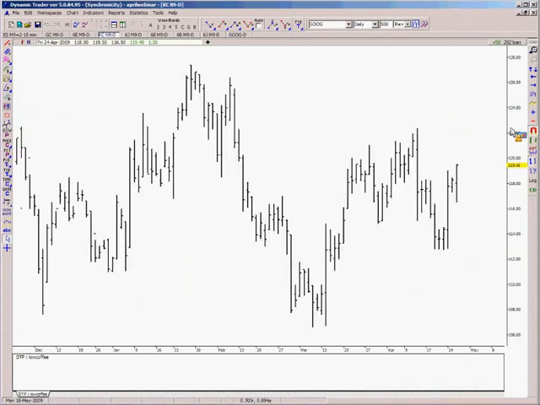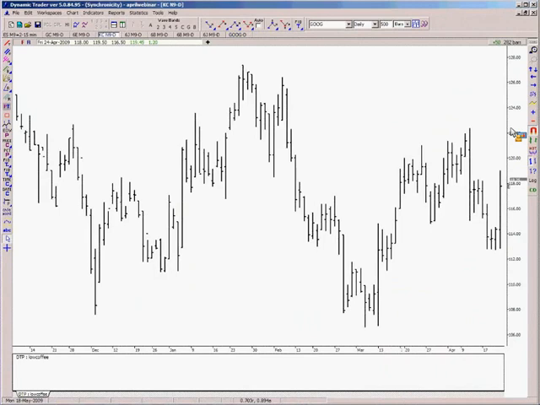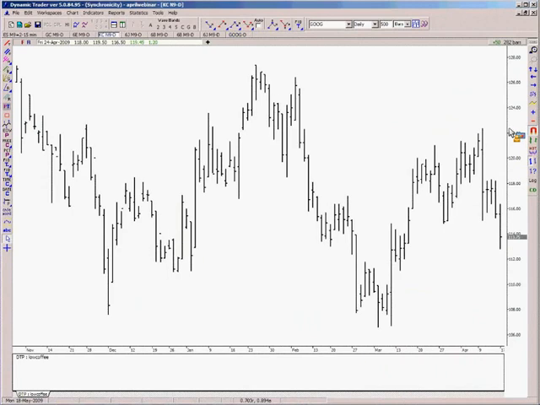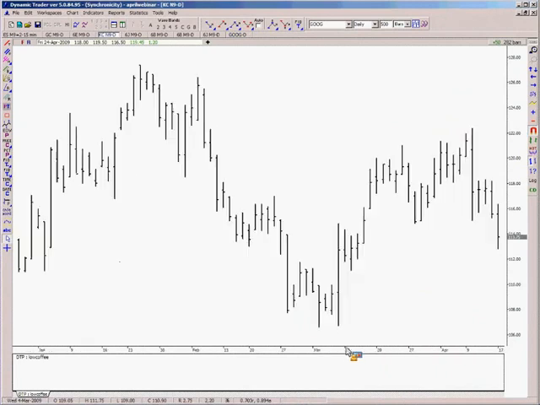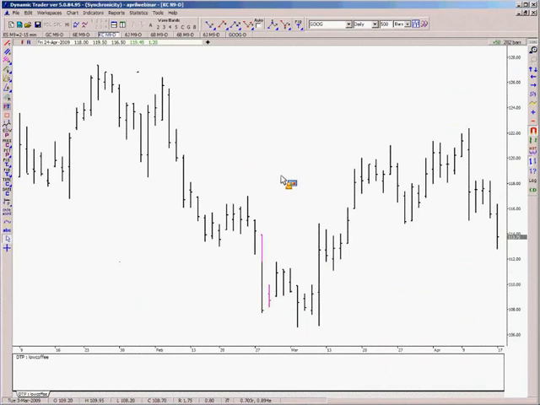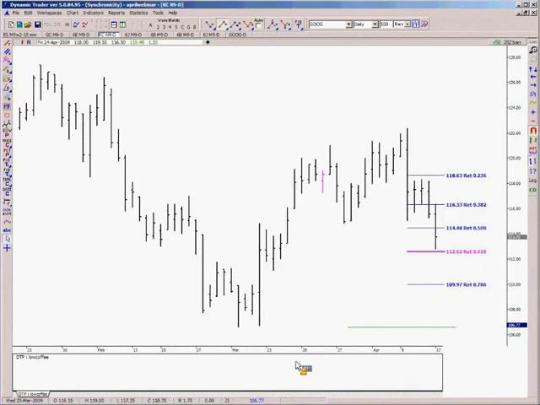Okay, so let's run this as if we haven't seen any support yet. If we're running support, we're going to run all possible retracements from lows to highs. So I'm going to click on the low to the high here. That's really the only main retracement that could be done.